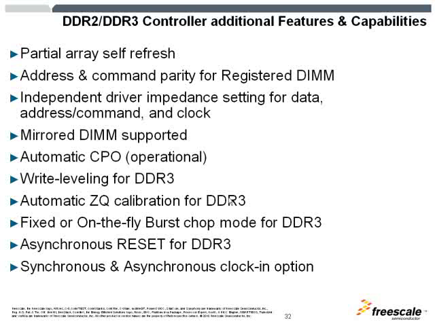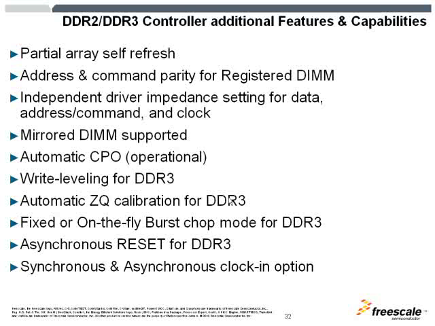Independent driver impedance setting for data, address, command and clocks is available. Previously, this was done by a single setting for all of them, but now you can select different drive strengths for each of these signals. Mirror DIMM is supported.